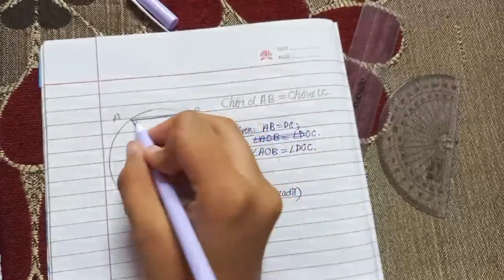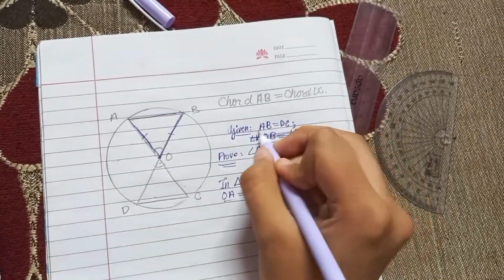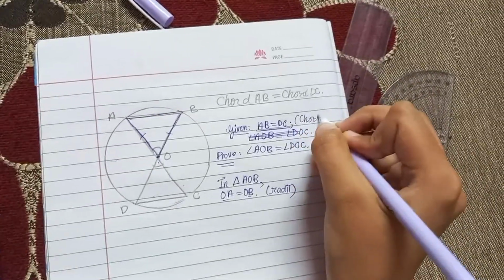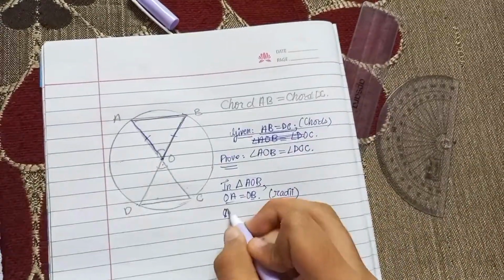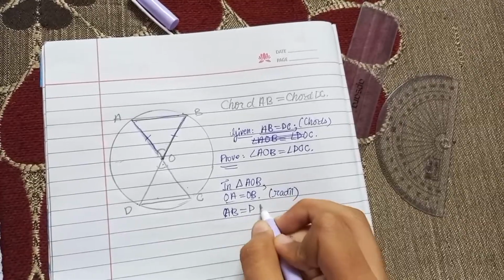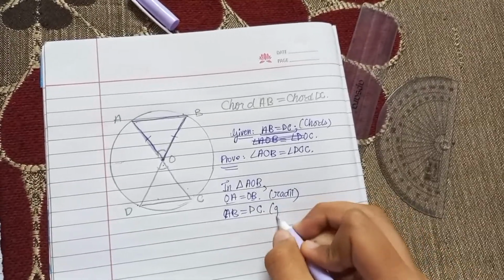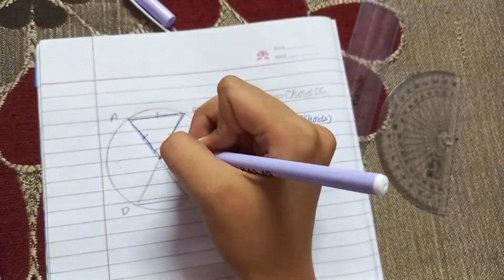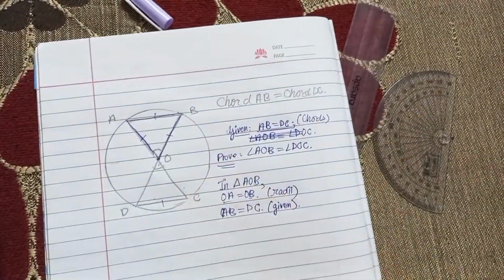Now in the question it was given that these two chords are also equal. So AB is equal to DC, which was given to us. Now these sides are also equal.